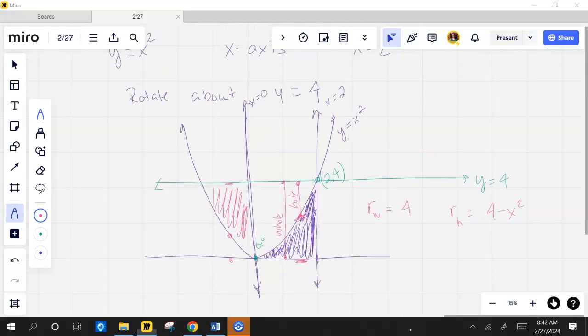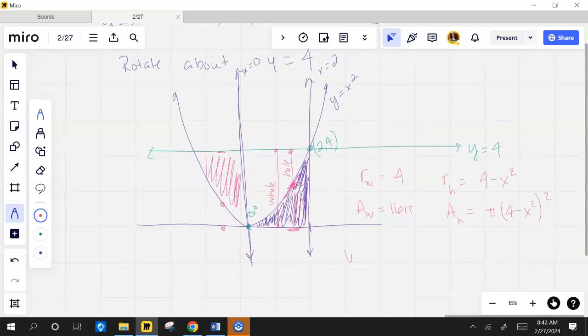All right, so now, area of the whole big thing is 16 pi. Area of the white hole is going to be pi times 4 minus x squared. That's the curve. This distance is x squared. So now the volume is going to go, I'm going to have a pi on the outside.